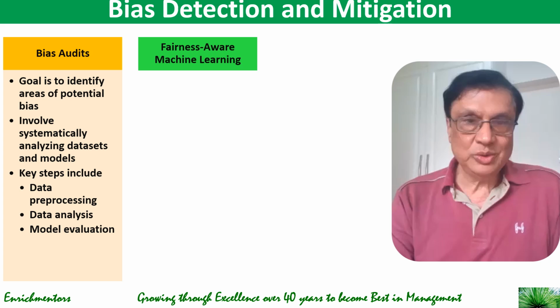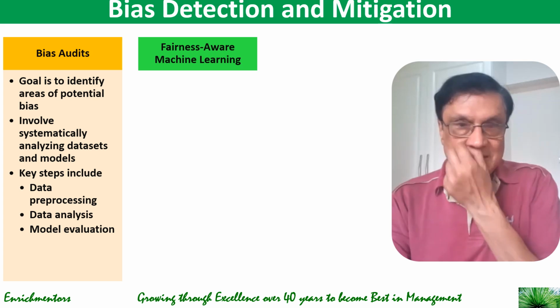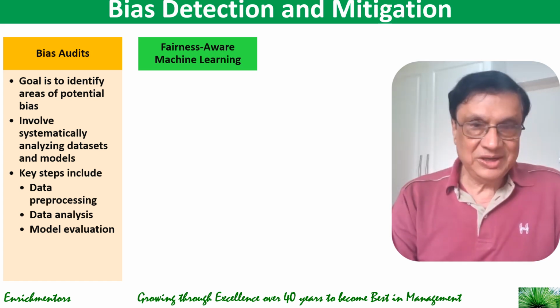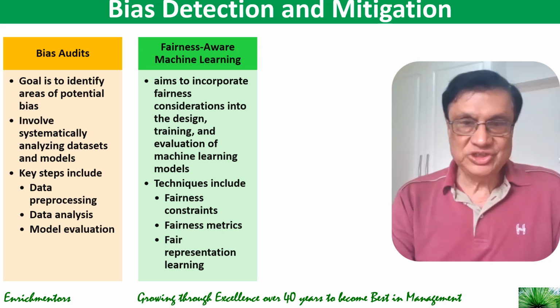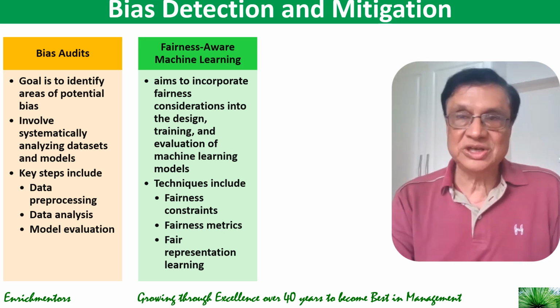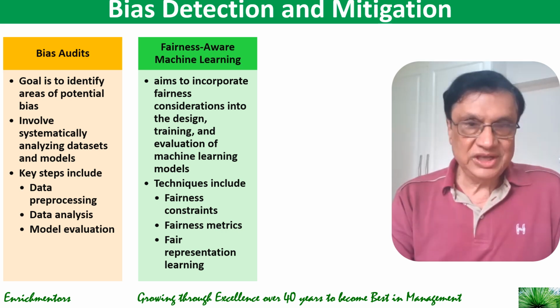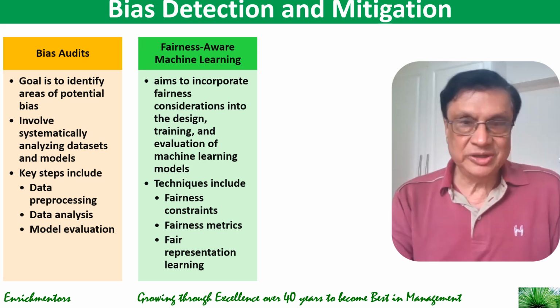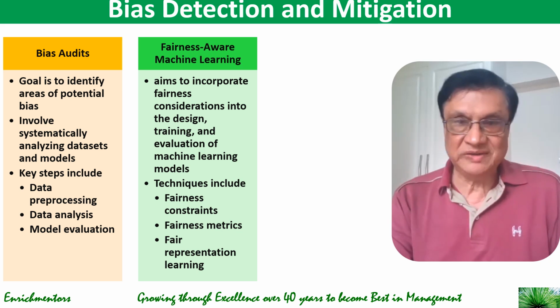Then you need to look at fairness-aware machine learning. How can you use that to do bias detection and mitigation? Fairness-aware machine learning basically aims to incorporate fairness considerations in the design, training, and evaluation of the machine learning model. So there you have to use certain techniques like fairness constraints, which introduce fairness constraints or objectives into the model optimization process.